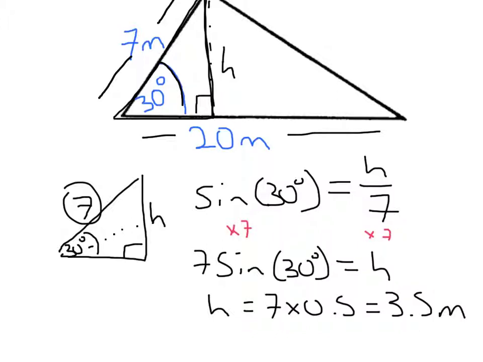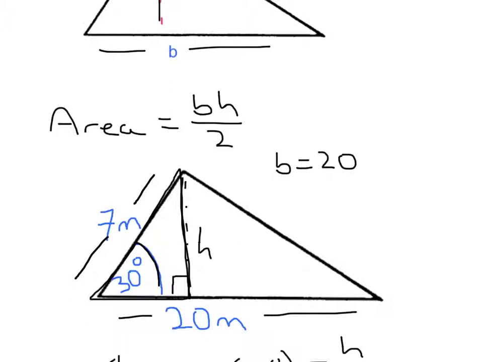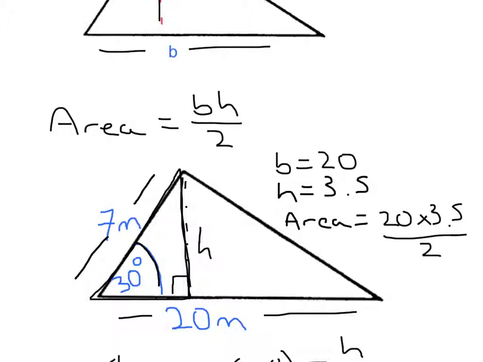And now we can go back up to our original equation and we can state that height h equals 3.5. So the area of this triangle equals 20 times 3.5 divided by 2, which gives us 35 meters squared.